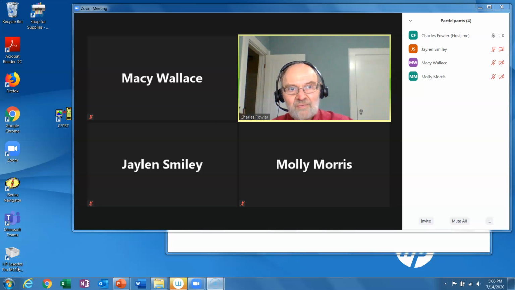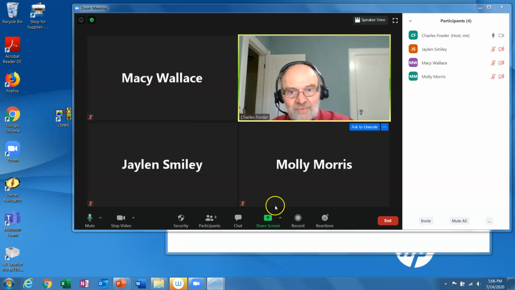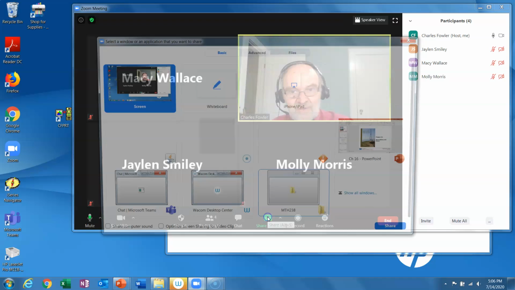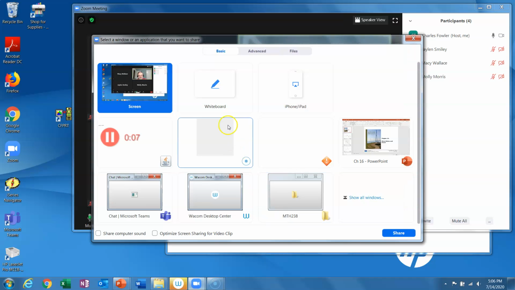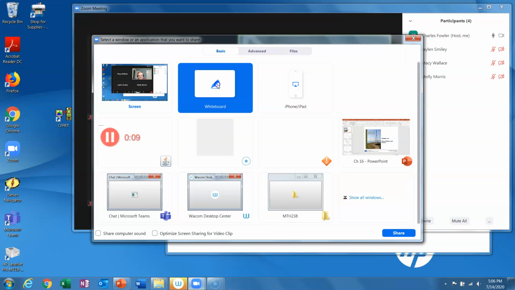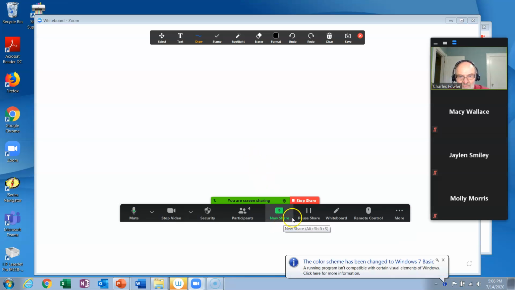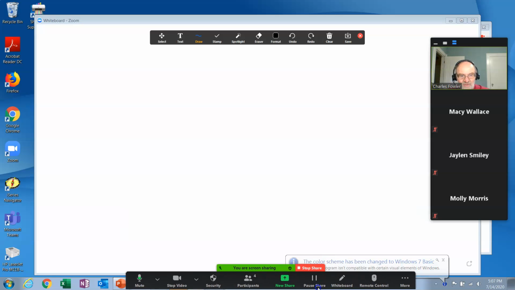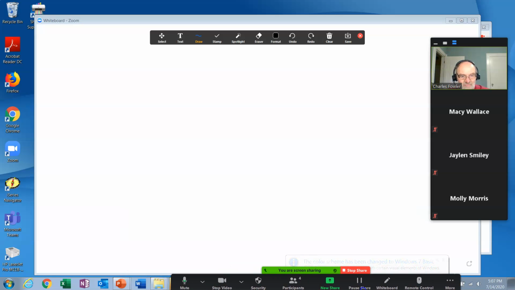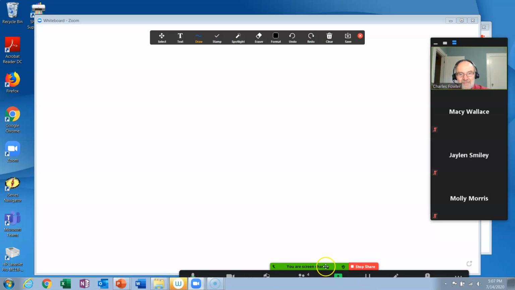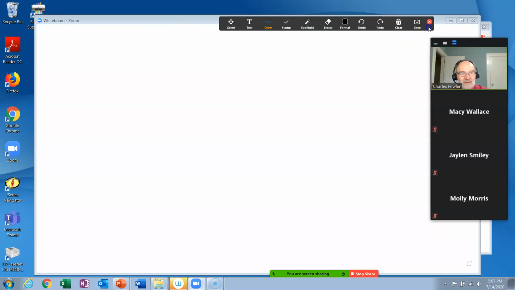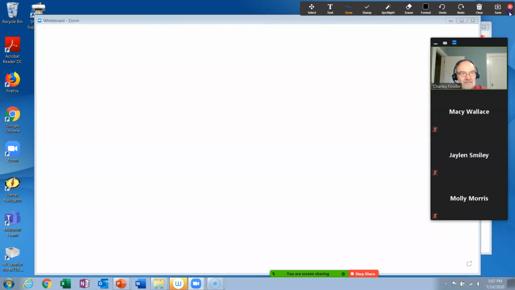Countdown, but there we are, recording. What I'll do now is start the screen share and go to the whiteboard. I've got to move the toolbars or taskbars out of the way, which are poorly placed, so I have plenty of room to write.